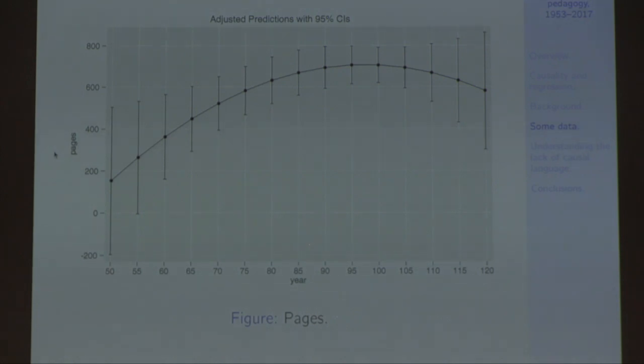So textbooks got a lot longer between about 1950 when I start looking at them until the 1980s, and then they start getting shorter again. And that's going to be a kind of common theme. Things are going to get really bad, I'm going to argue, in the 1980s. So if you consider long econometrics textbooks bad, that's what's going on here.